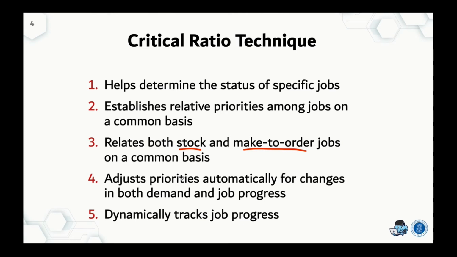And we can adjust the priority automatically for changes in both demand and job progress. So when the job progress is changing, we can adjust the sequence based on this critical ratio technique. And this is the best one: dynamically track the job progress using the critical ratio.